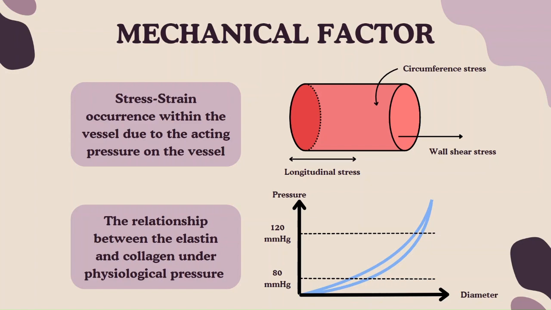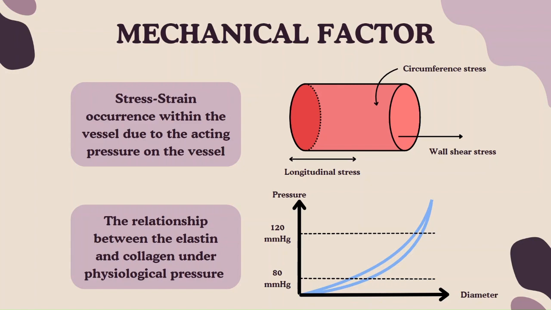So if the pressure goes below the physiological pressure range, the elastin will be responsible for keeping the structure without any further contractions, since the elastin has much lower load achievable in contrast to the collagen, and the stress that it can undergo is around 2 megapascal.